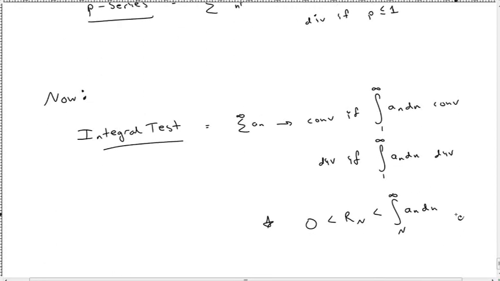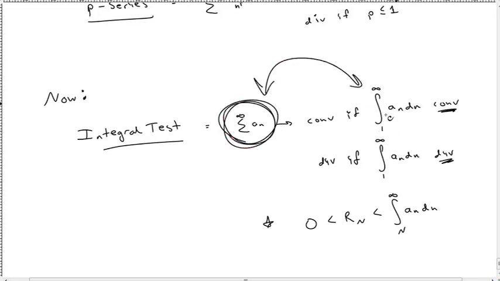See, isn't that nice? So, integral test. If you see some kind of series, you can always do the integral test. If you integrate from 1 to infinity and that integral converges, then the series converges. If that integral diverges, then the series diverges. So the series is tied and linked to the integral.